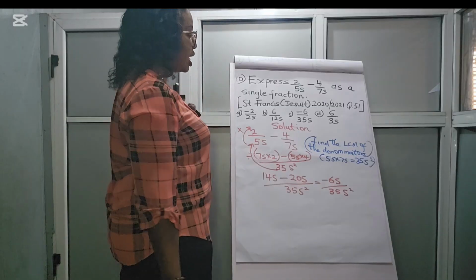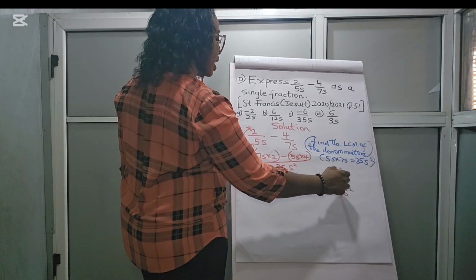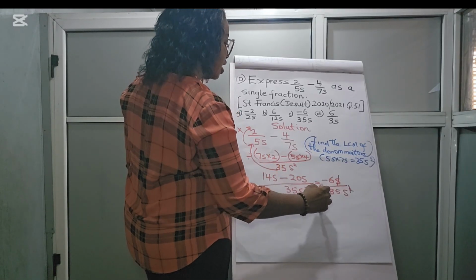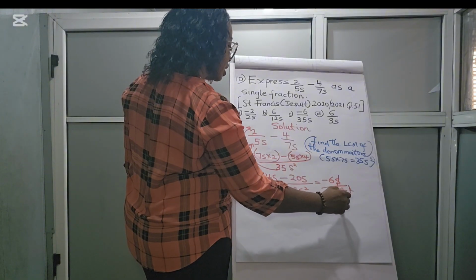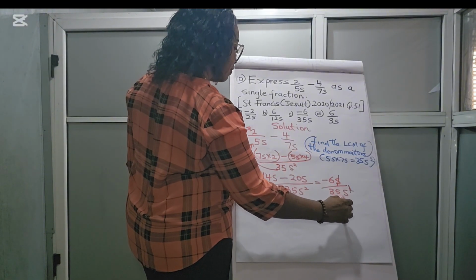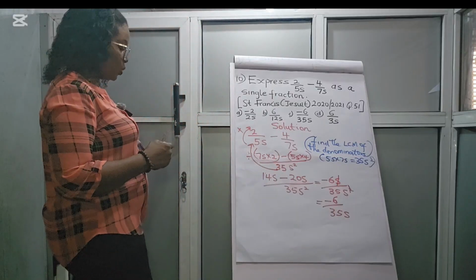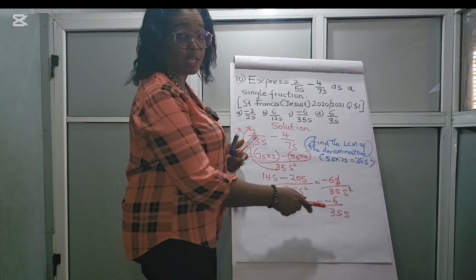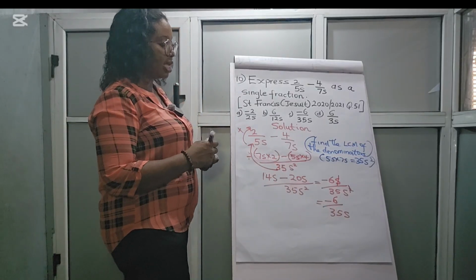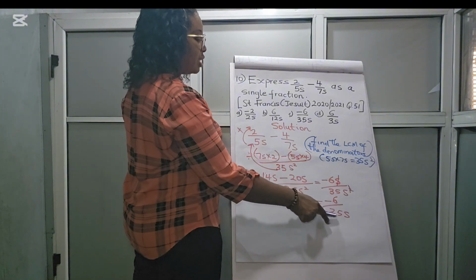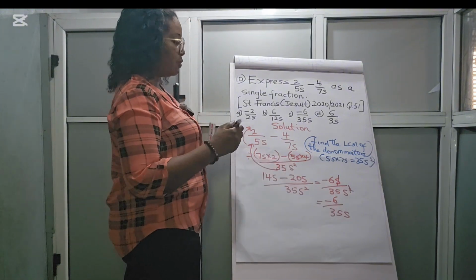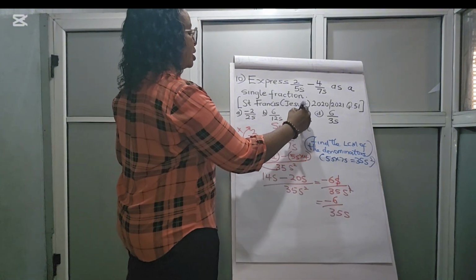So what can cancel out? One s here cancels out one s here. So we are left with minus 6 divided by 35s. So that gives us our final answer because we can't simplify any further. So our final answer is minus 6 all divided by 35s, and we'll find that in option C.